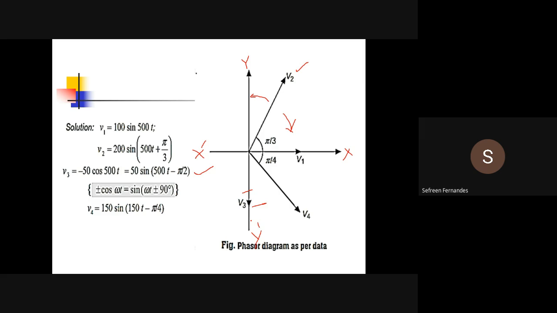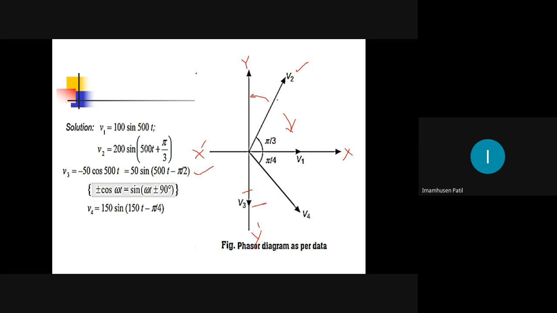Sir, it is minus, no? See, while substituting the angle, we are only substituting the angle, not the minus. What is the angle between V2 and the reference axis? That is important. While drawing the phasor diagram, we have considered the sign.